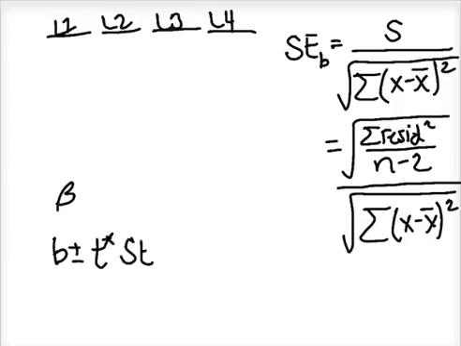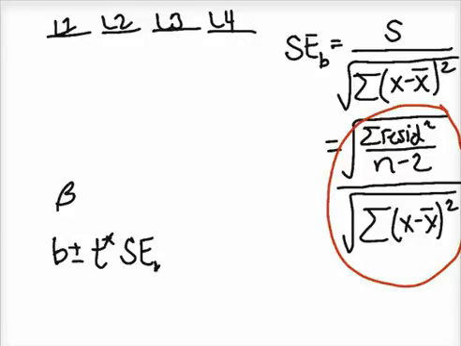Now our standard error, notice our standard error formula is this big formula over here. Technically, what this formula is talking about is really the change in your y's over the change in your x's.